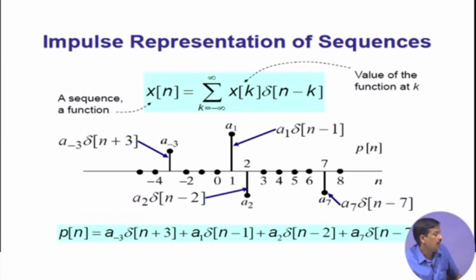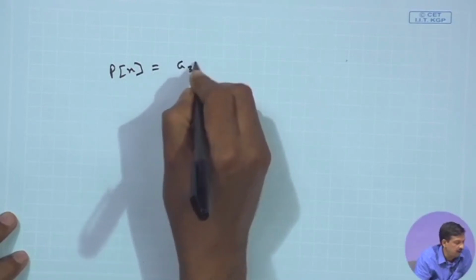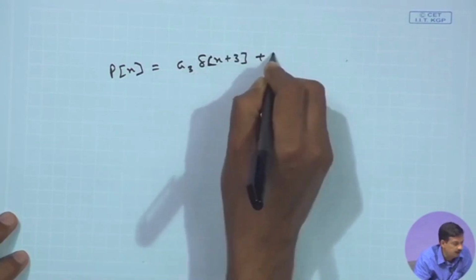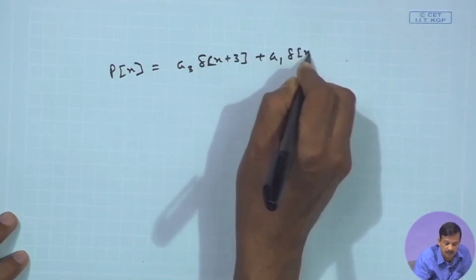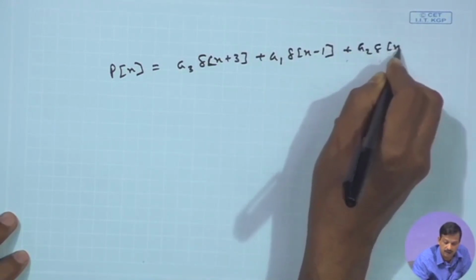Now, I come to the impulse representation. So, suppose x n is represented by x k and delta function, n minus k. Let p n be my digital signal, p n is a 3 delta n plus 3, plus a 1 delta n minus 1, plus a 2 delta n minus 2.